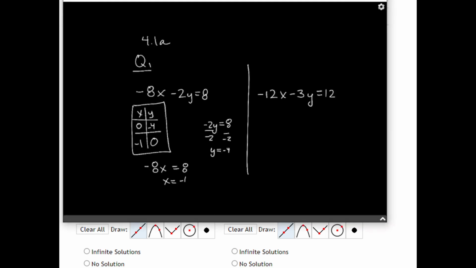I'm going to do it the same way. Again, I want to do that table of values for x and y. First plug in x is 0 and then plug in y is 0. So if x is 0, I would just be left with negative 3y is equal to 12. Divide both sides by negative 3, and y is equal to negative 4.